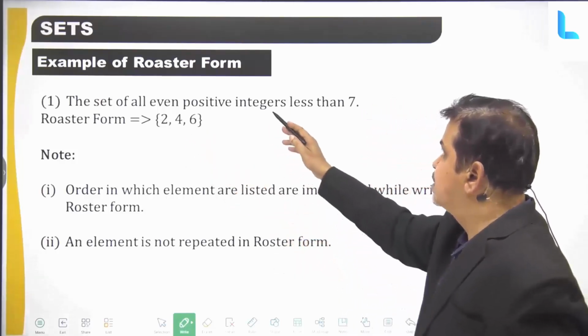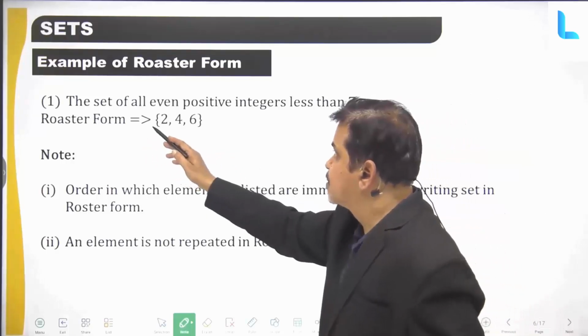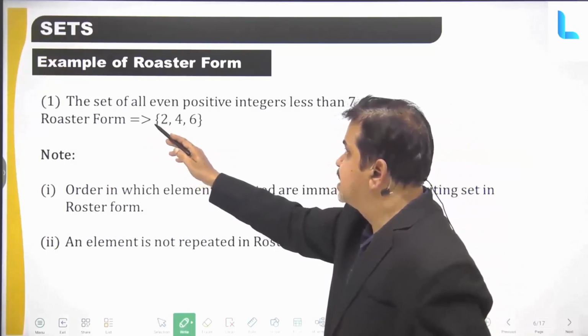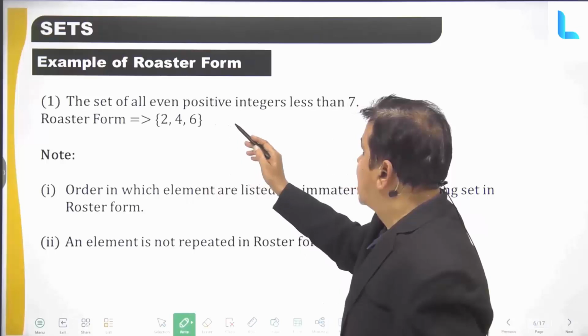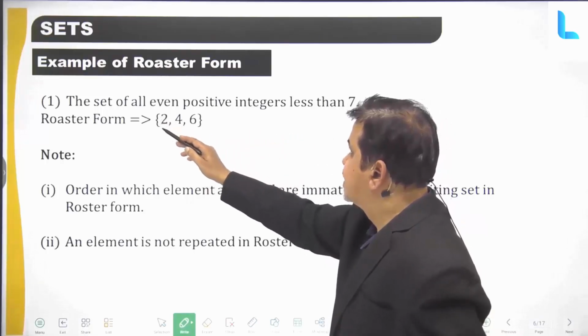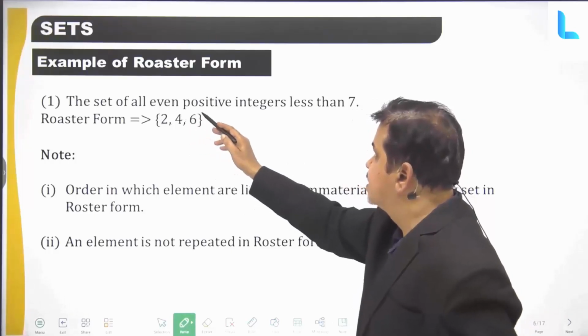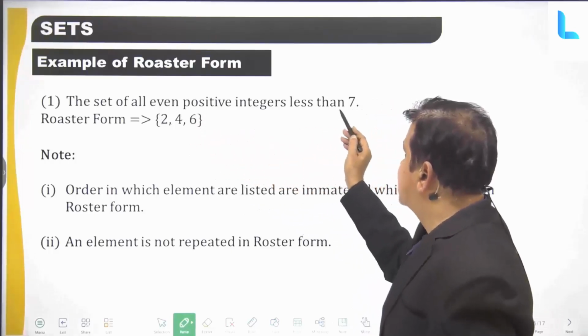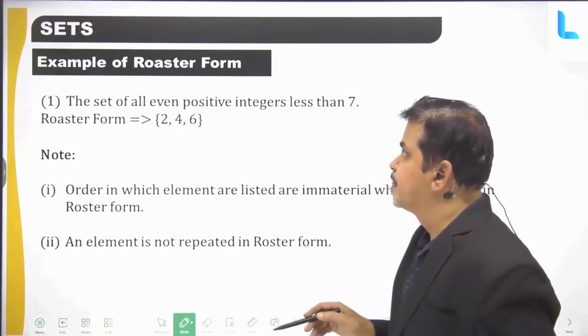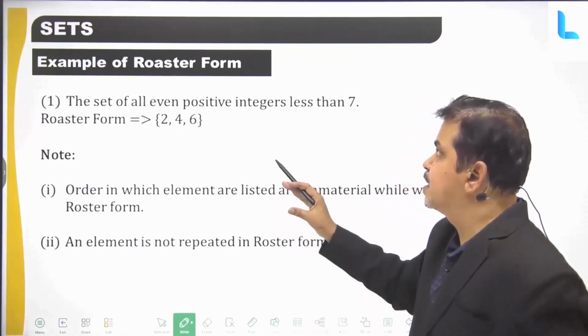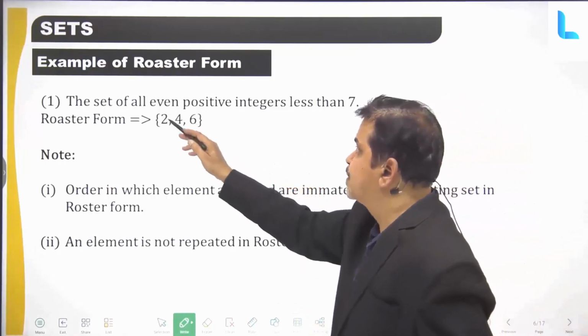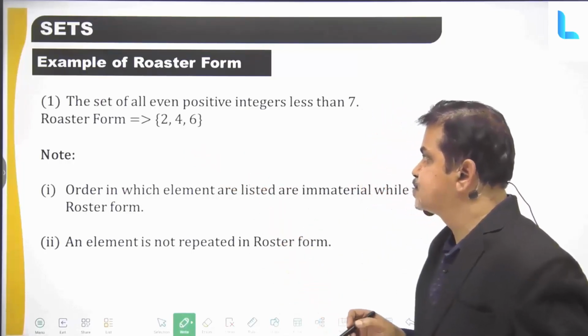Therefore this can be written in the roster form as equal to, in the braces, 2, 4, 6, because these are the even positive integers which are less than 7. This is the rule that we are following to write this particular set in the roster form.